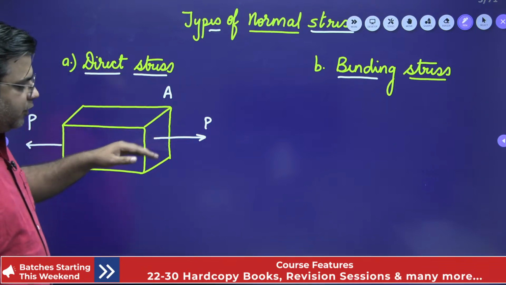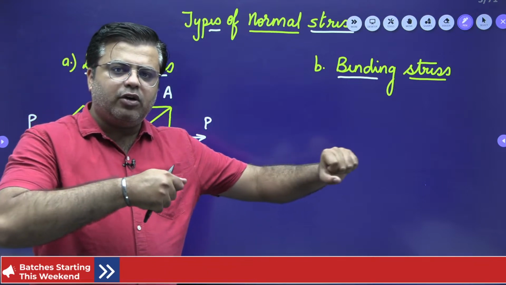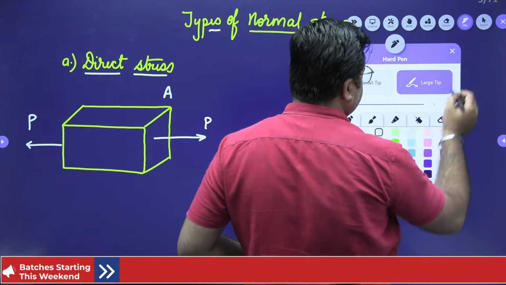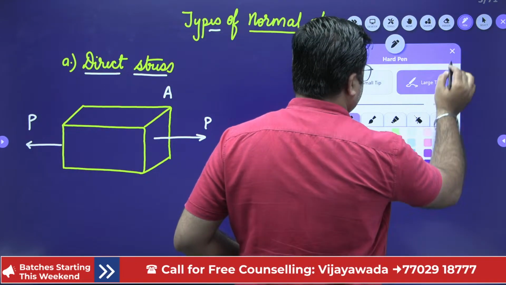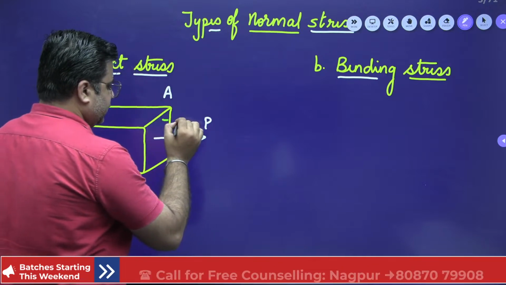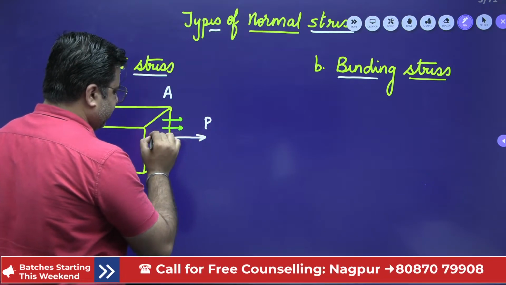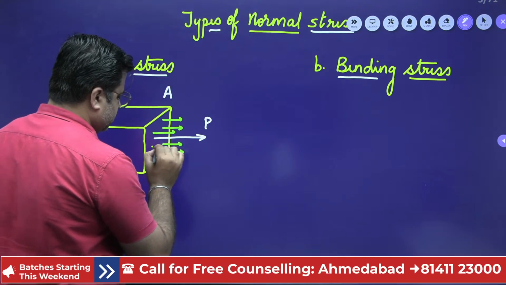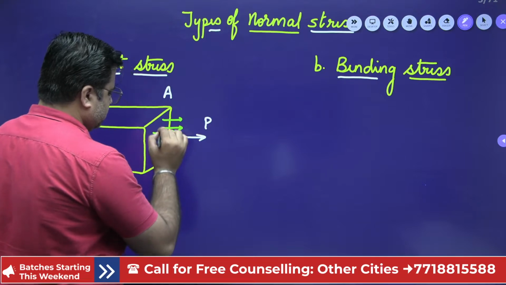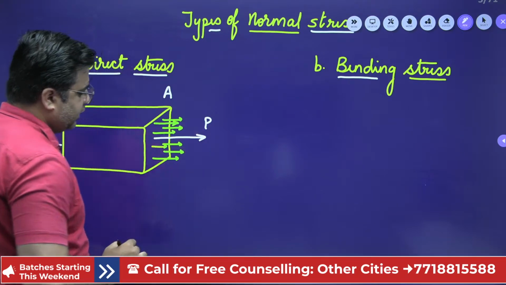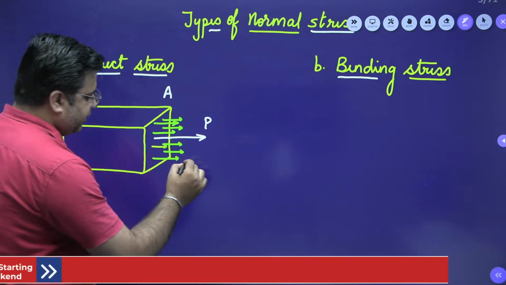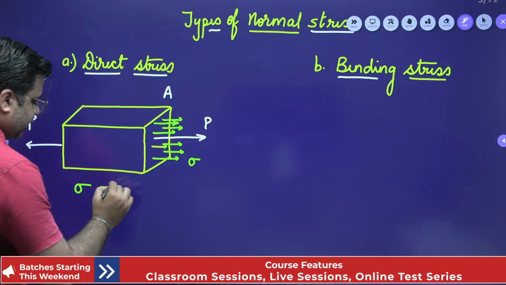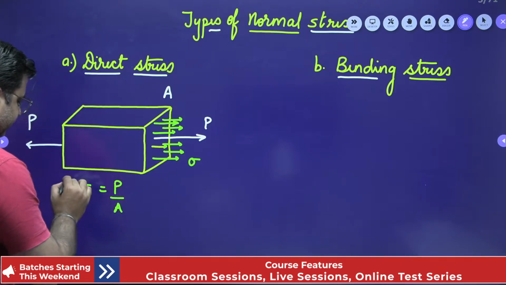This load will develop the normal stresses which are perpendicular to the cross-section. These are the normal stresses that are developed in the body. Like this, normal stresses sigma will be developed, and this sigma is equal to load divided by the cross-sectional area.